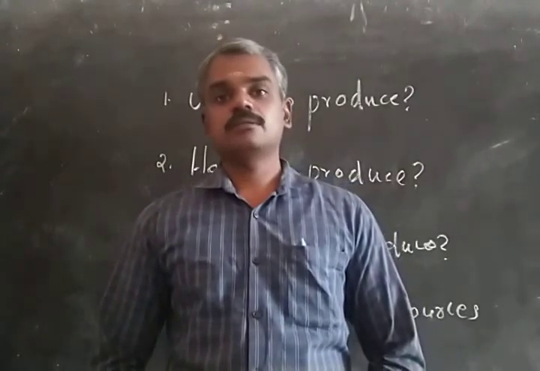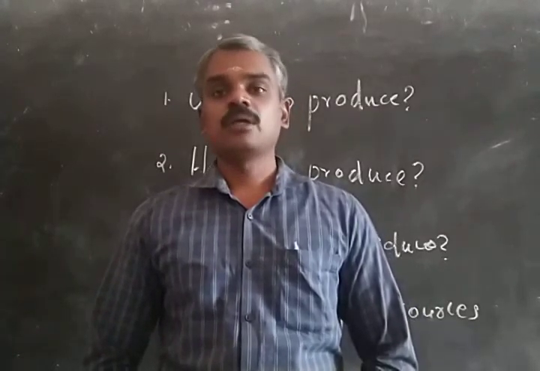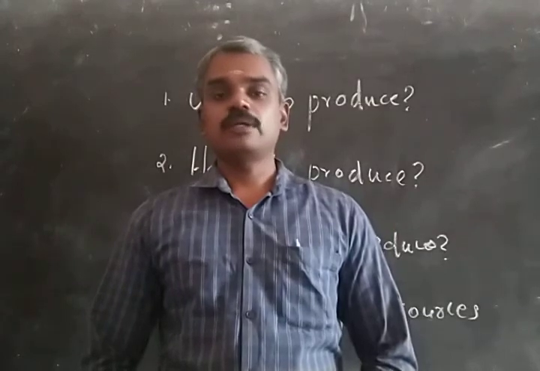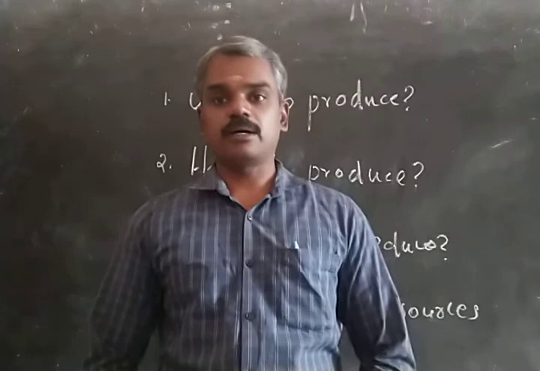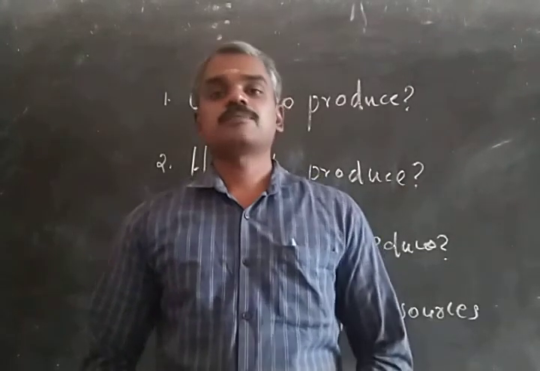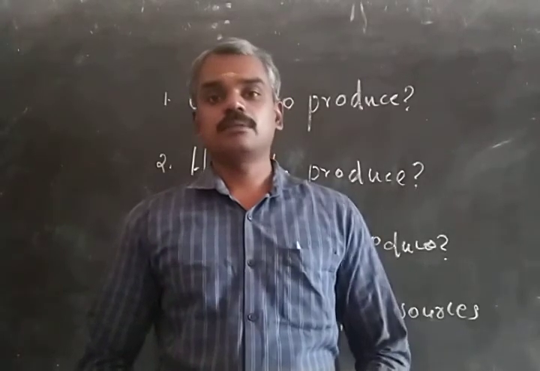Second one is through centralized procedure, or it is also called a command economy. And the third one is through a mixed system, where parts of the economic system operate under the guidance of the market, and part of the economic system operates under command nature. Okay. So let's examine each one of these.